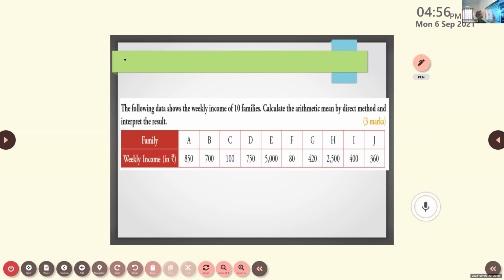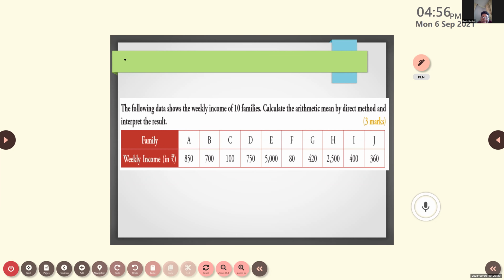Some of them have joined now. I just want any one person to say how to find this arithmetic mean. Who can say? Someone, come on. Ma'am, I'll do.